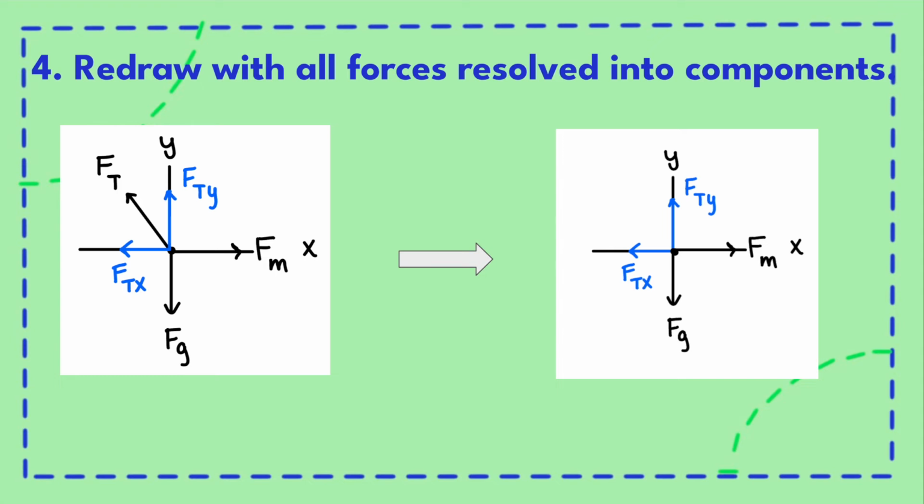We do not need to resolve into components any forces that are right along the axes, so we don't need to touch Fm or Fg. However, Ft does have an x and y component, which we would represent like so. And once you do this, you need to erase the resultant force from the free body diagram, because now it is resolved into its components.